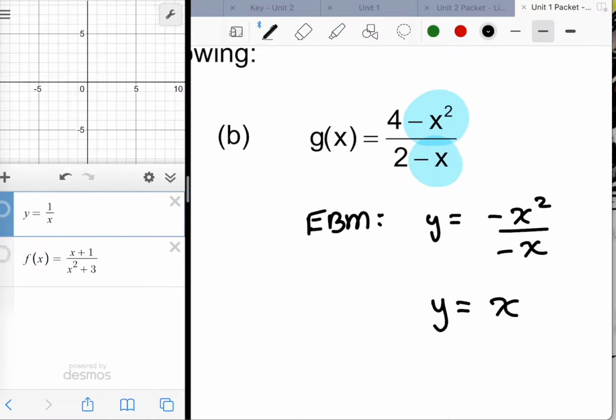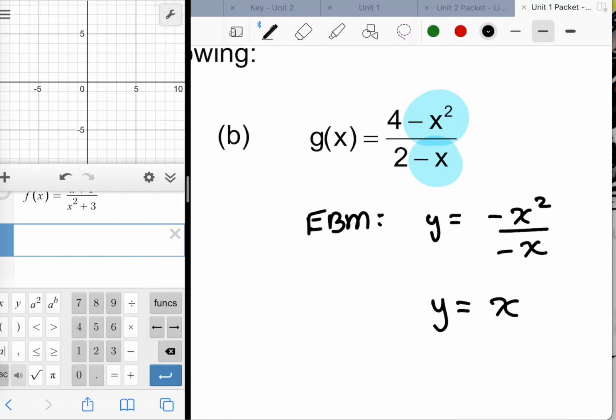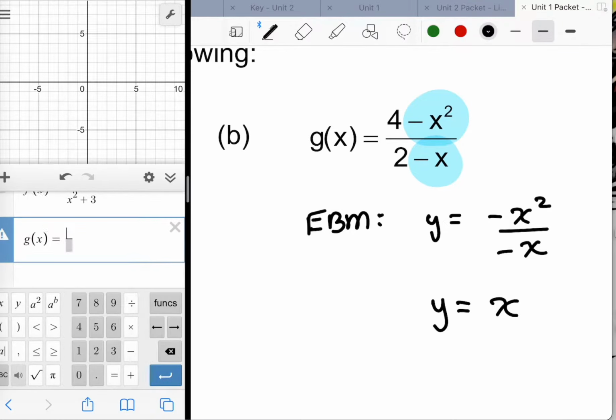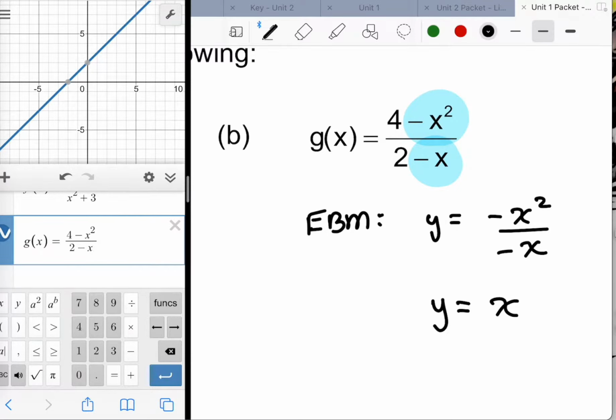So I can look at my original function, g of x, the fraction 4 minus x squared over 2 minus x. It actually turns out that it is a line parallel to y equals x. It's actually the line y equals x plus 2 with a hole in it at x equals 2.